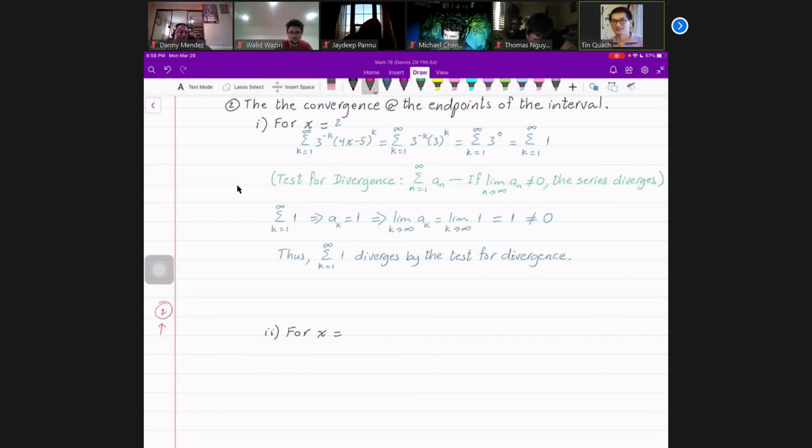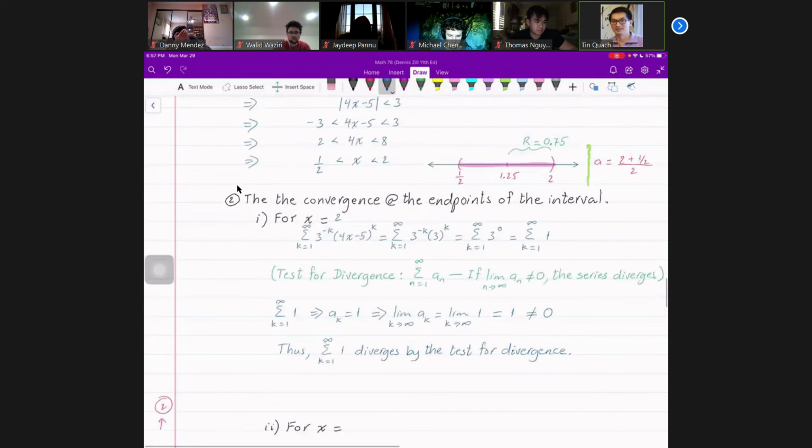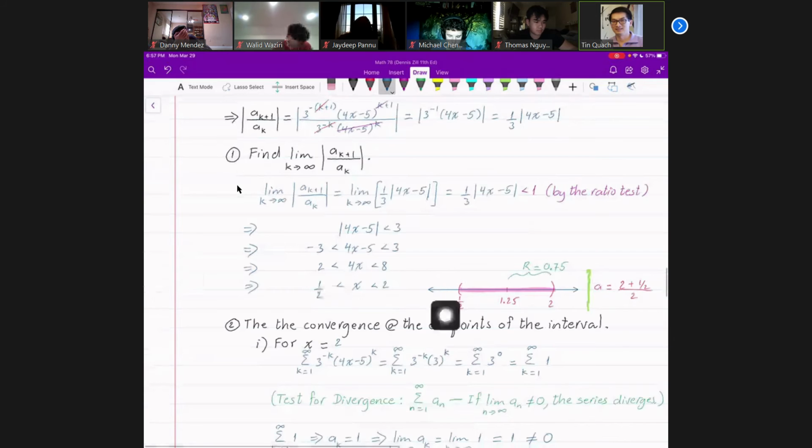Okay, so you see, when we do this, we have to justify everything that we say. All right. So for this interval right here, we're not going to include 2 because when x is equal to 2, the series diverges. So the next question is, what about when x is equal to 1/2?